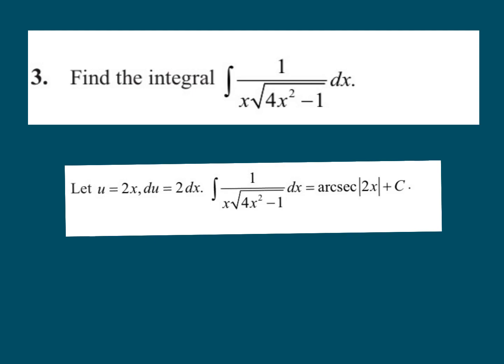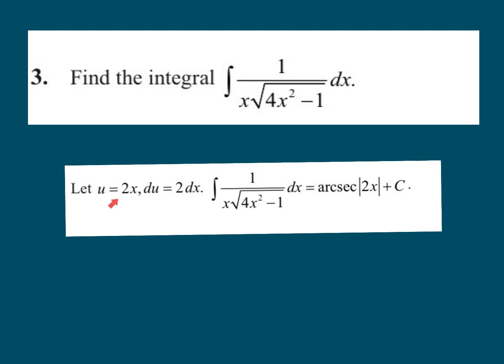Let's find a trigonometric substitution that will solve this integral. We remember that at the beginning I said that when something like x squared minus a squared appears, you use x equal a secant of theta. Let's do this integral using this trigonometric substitution.